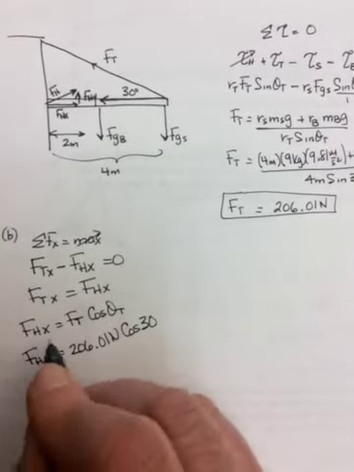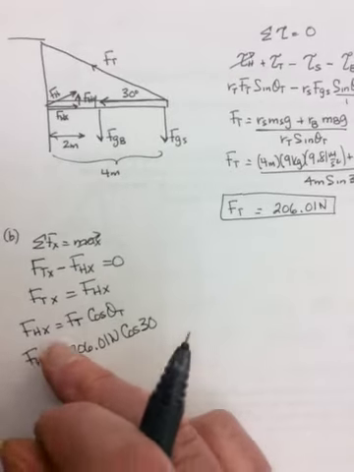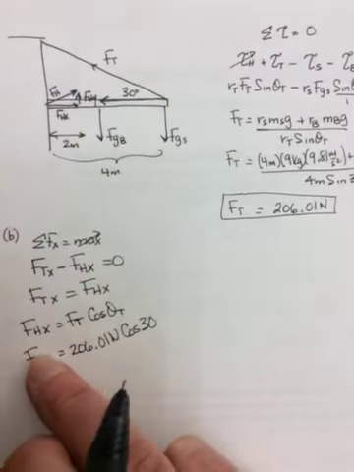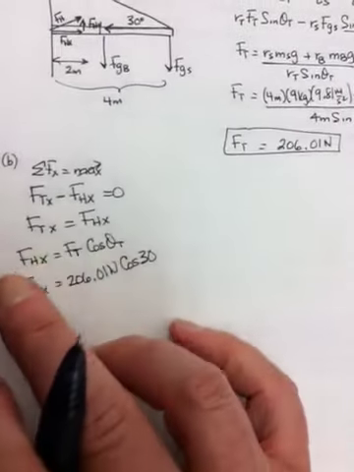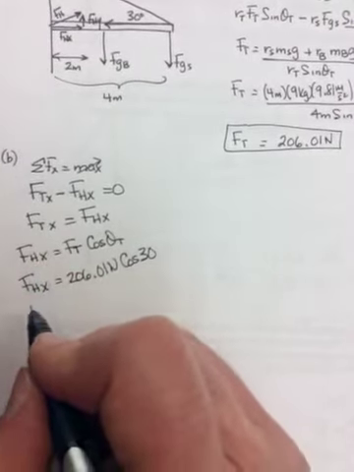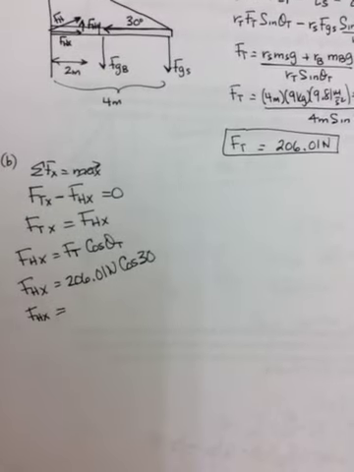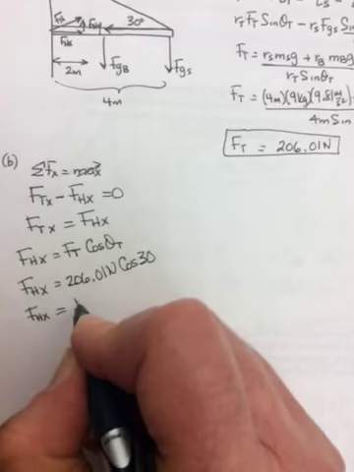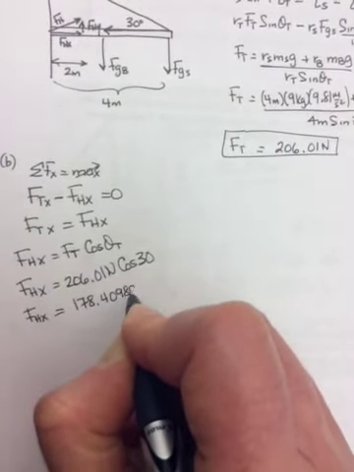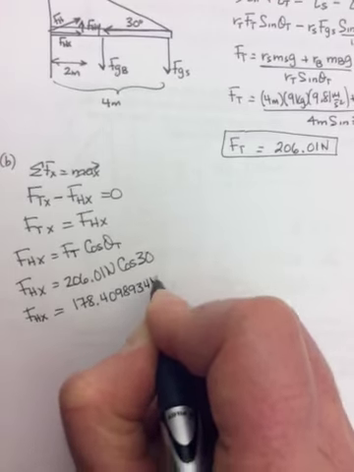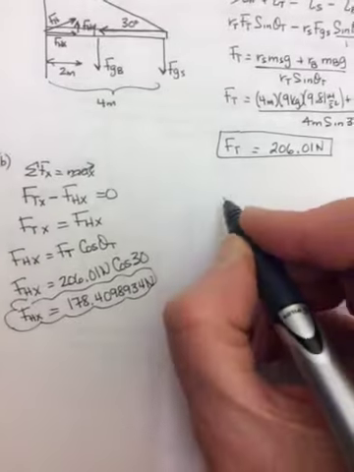And earlier I was saying, don't change this into Fh cos theta, because my fear would be you'd think that theta is the theta of the tension, and it isn't, and we don't know what it is. So it's safer to just leave it as Fhx, and when you find this value, you should get 178.40989934 for those of you that like lots of decimals. Okay, so that's the x component.